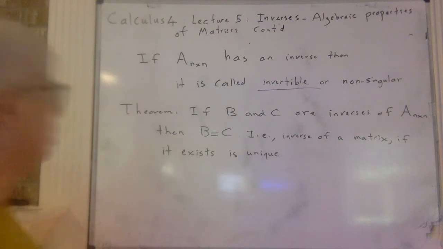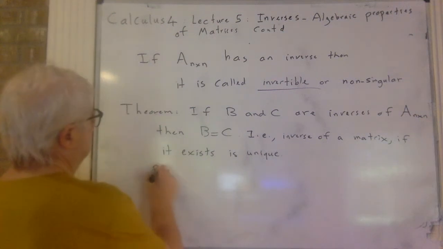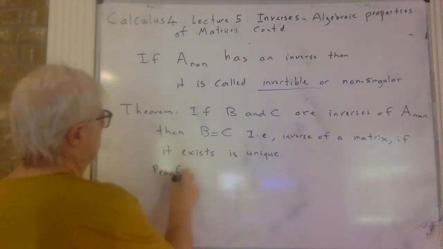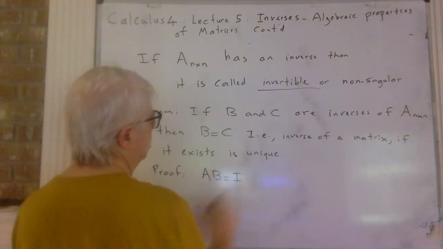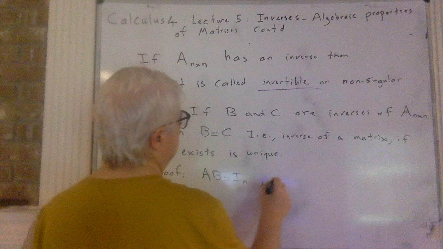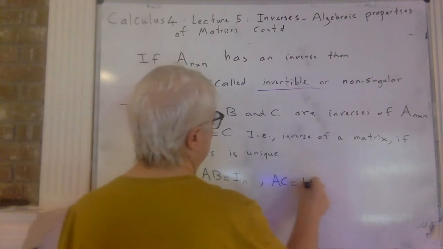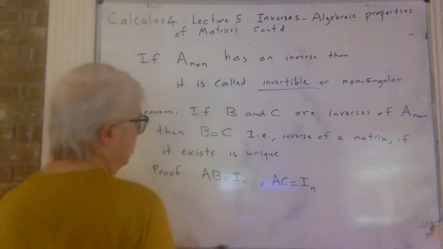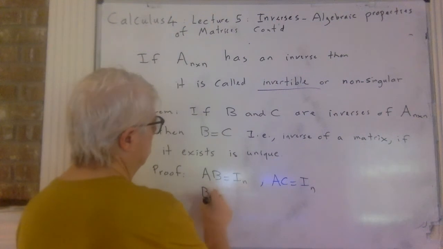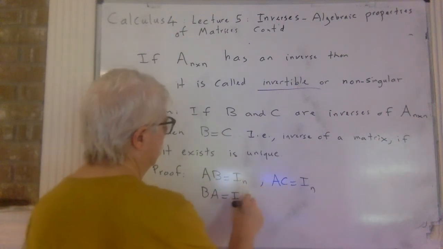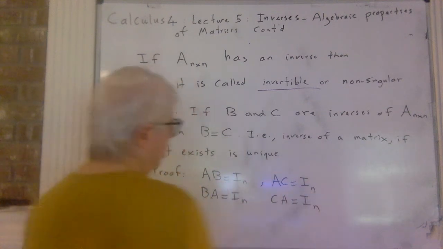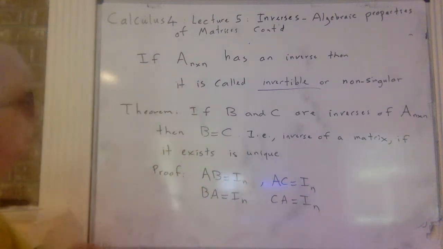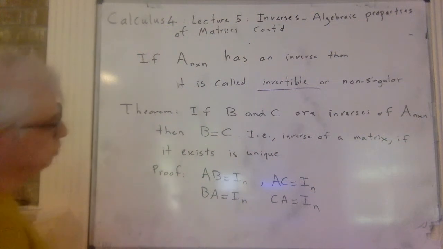So what was the definition of inverse? We have to use the definition. So we know that AB is I_n. We know that AC is also I_n. And we know that BA is also I_n, and that CA is also I_n. So how can we proceed? Well, it's very easy.